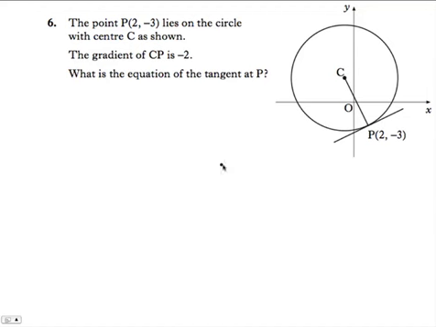So before we start, just a little reminder of how we find the equation of a straight line, what we need to know and how we find its equation. We first of all need to know two things. First one is a point on the line.